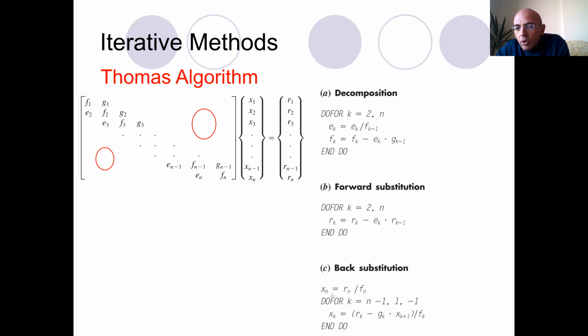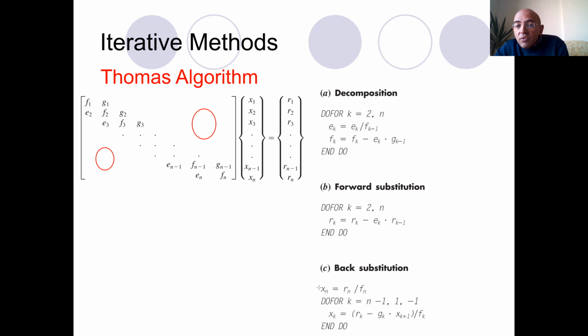So you calculate x_n, and then you continue to do the back substitution. Of course, the Thomas algorithm will give you the exact solution of the linear set of equations.